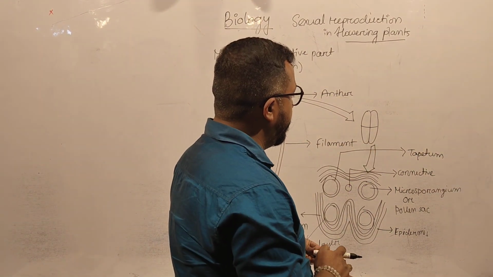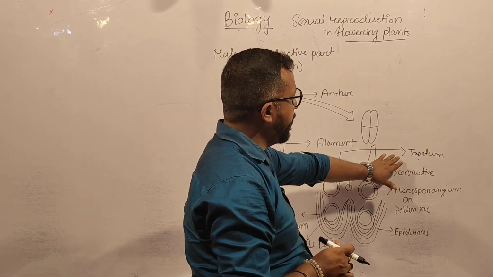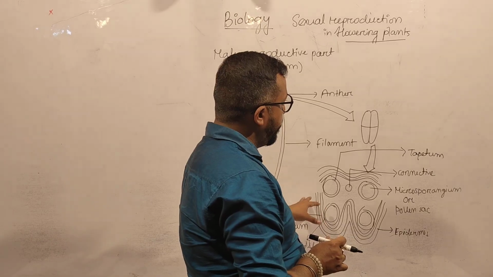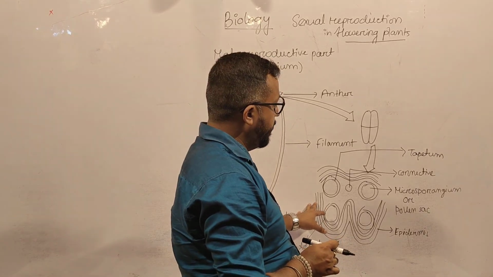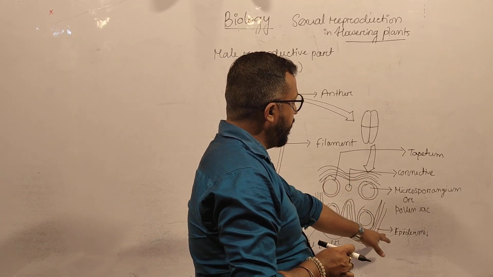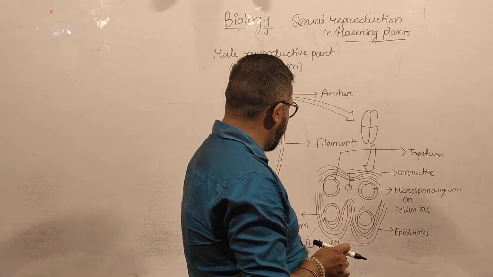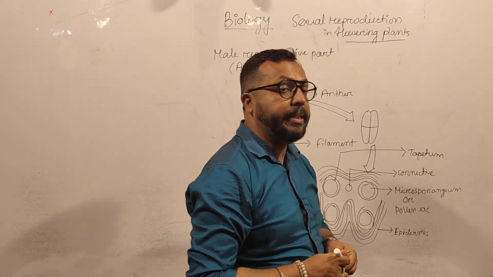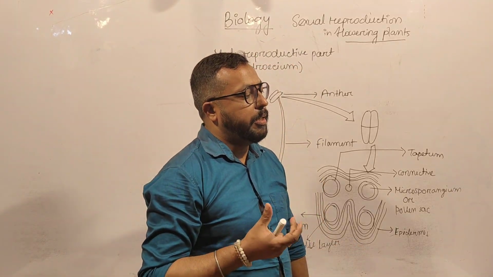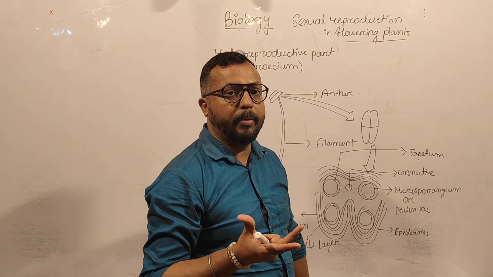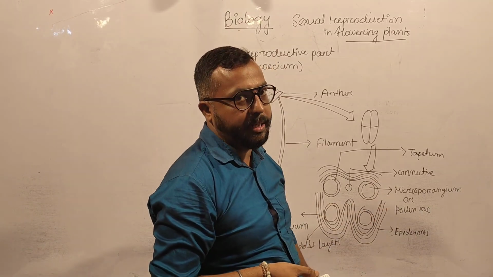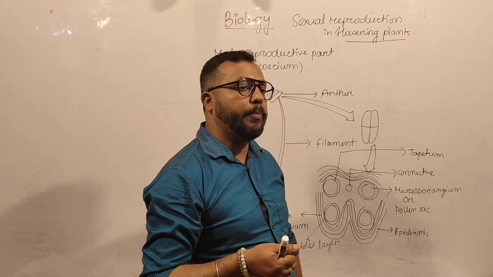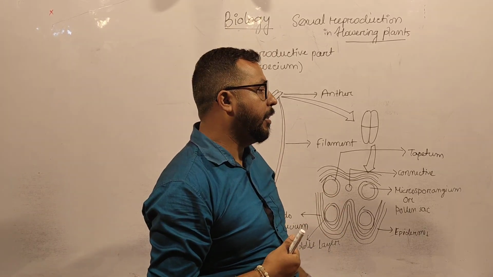Now you can see the tapetum is the innermost layer, and 3 layers are present outside of this: epidermis, endothecium and middle layer. These 3 layers are responsible for dehiscence. That means when the anther will rupture to release all the pollen grains, that process is called dehiscence. Whereas the inner layer, which is the tapetum, will provide nourishment to the growing pollen grain.